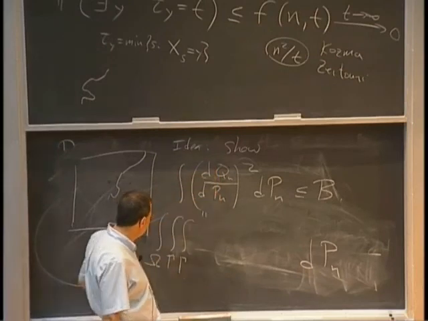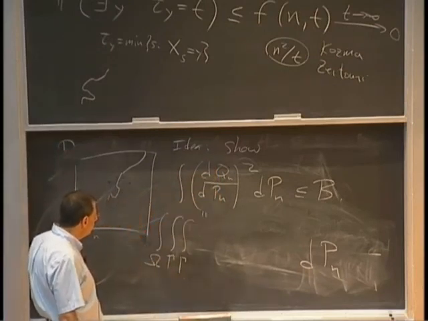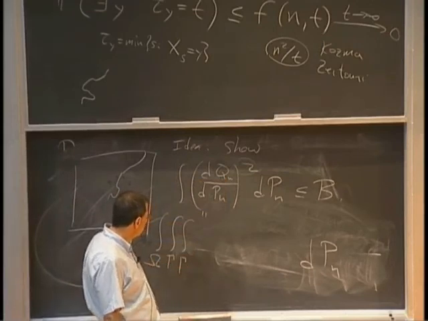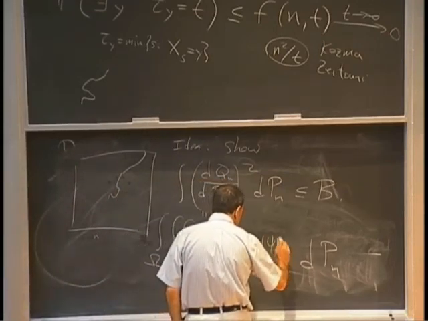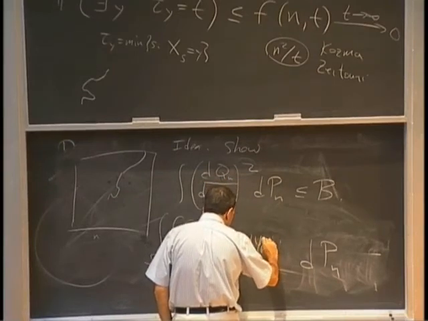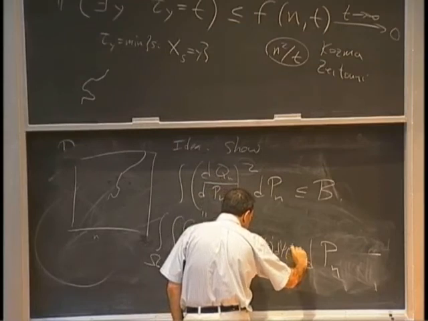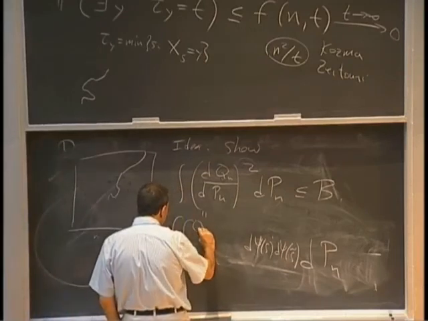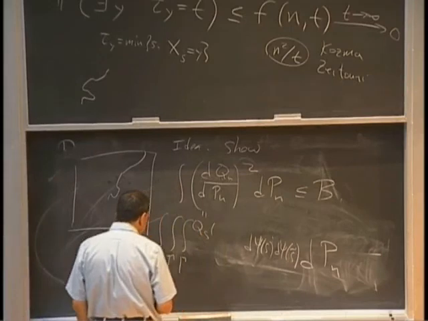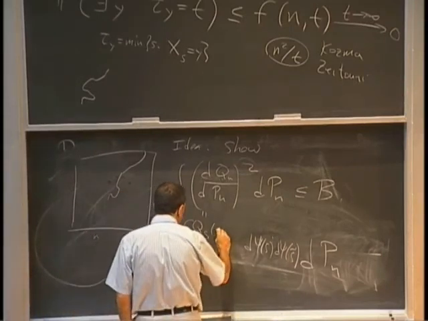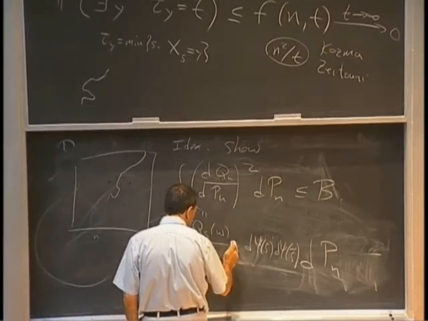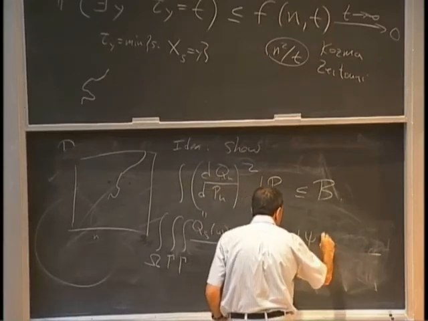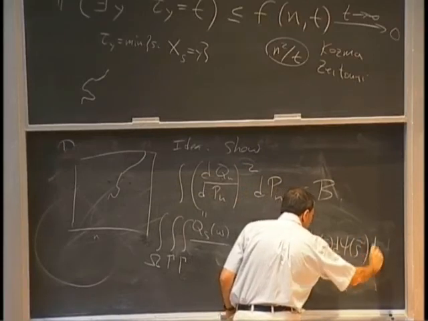Inside I want to compute this density, and to do that I have to average over these paths, and since I have a square, it corresponds to picking two paths. So I have dP(S), dP(S tilde), and dPn.